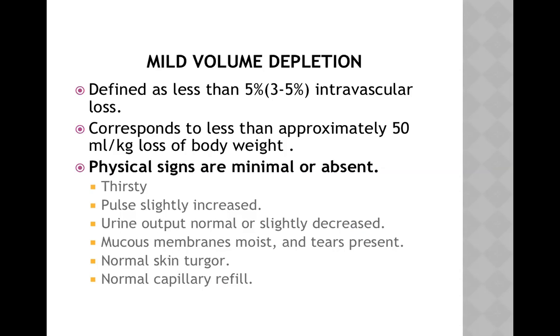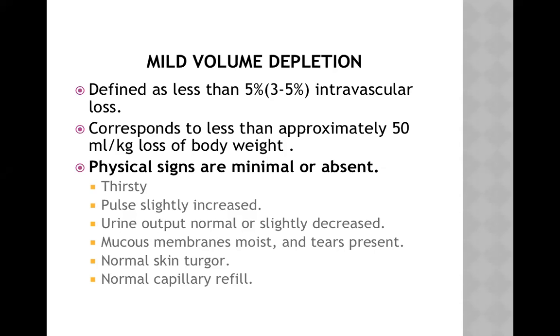When that much fluid is lost from the body, it is called mild volume depletion or mild dehydration. It corresponds to approximately 50 ml per kg loss of body weight. Remember, 5% means 50 ml per kg loss of fluid.